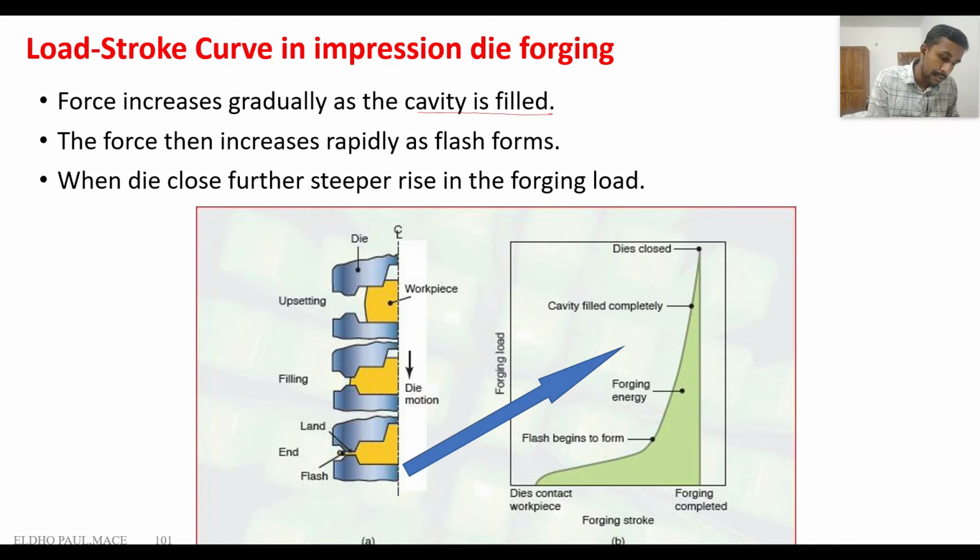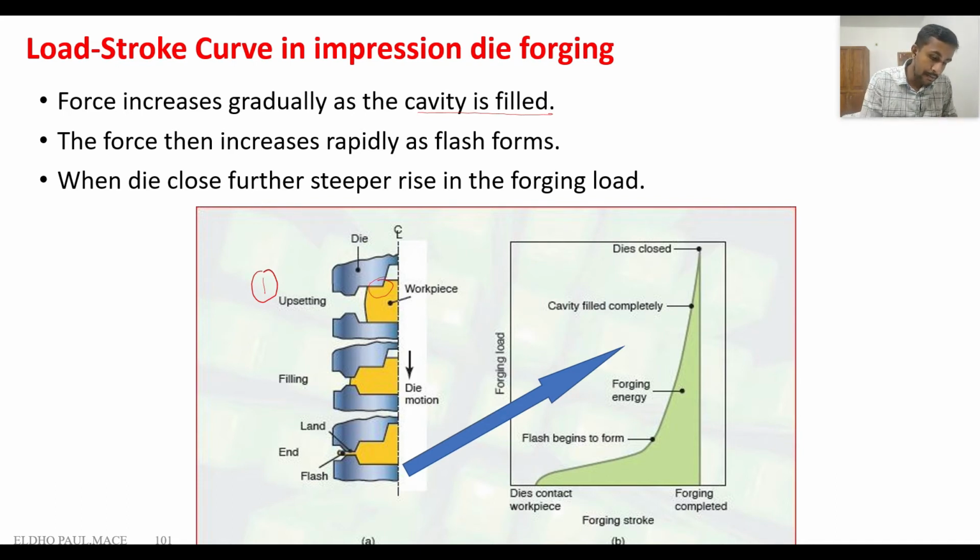See this, this is the first stage. In the first stage, the two dies, upper and bottom, come close to each other, and start to touch the workpiece. So some amount of deformation has happened there.